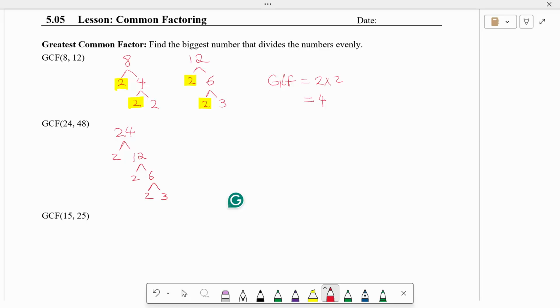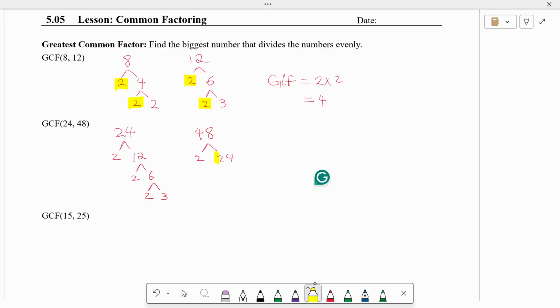Okay. Now, let's break down 48 into its prime factors. 48 is what? 2 times 24. Now, I think I'll stop there, right? Because I already see the greatest common factor. Do you see the greatest common factor? What is it?